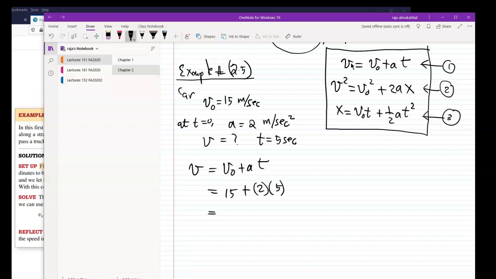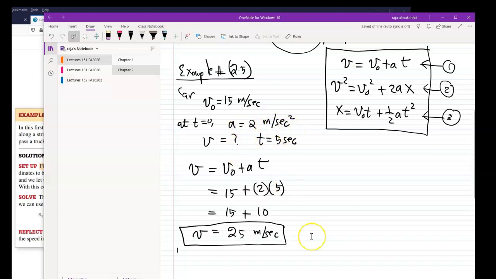And then I calculate that, so that'll be 15 plus 10. And the answer is 25 meters per second. Okay, there we go. That's the final velocity of the car if it starts speeding up at the rate of 2 meters per second squared to pass the truck. Got it? Okay. One more problem, and that is number 2.6.